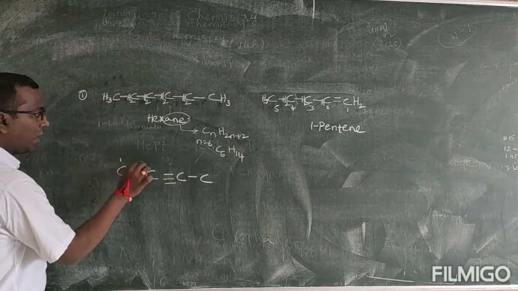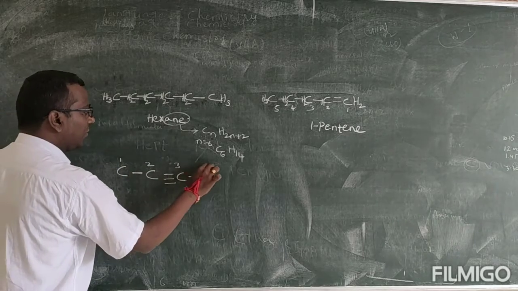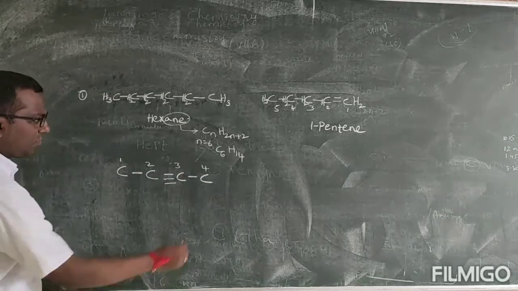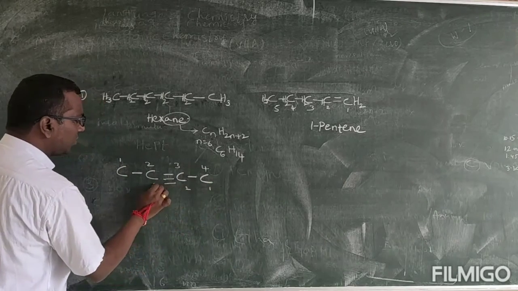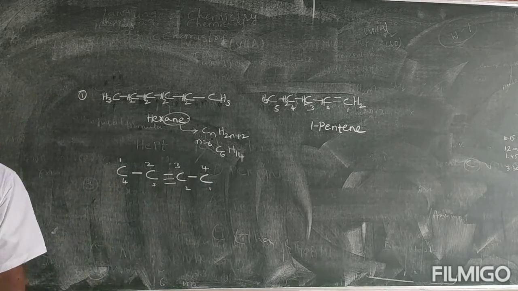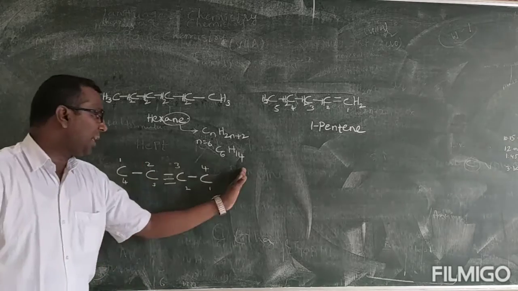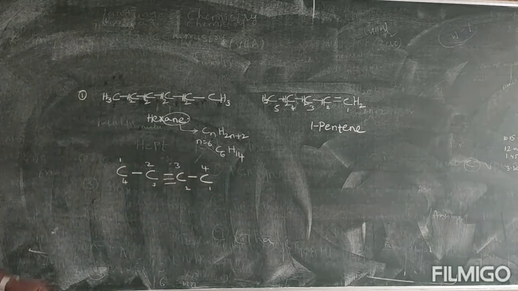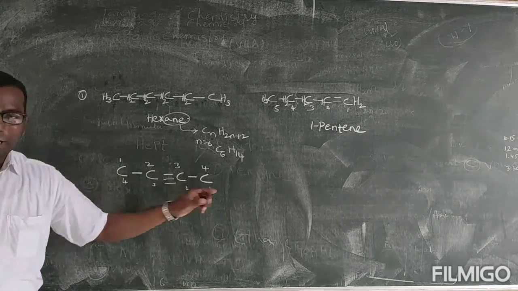Now you see 1, 2, 3, 4. 1, 2, 3, 4. Which one is the correct order? Left to right is correct or right to left is correct? Anyone? How? You check here.